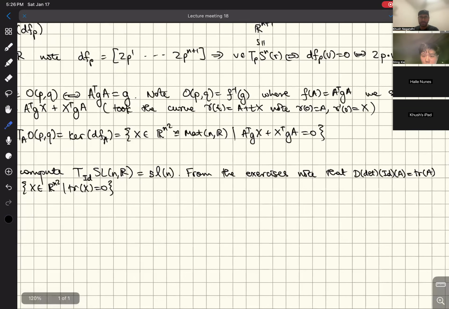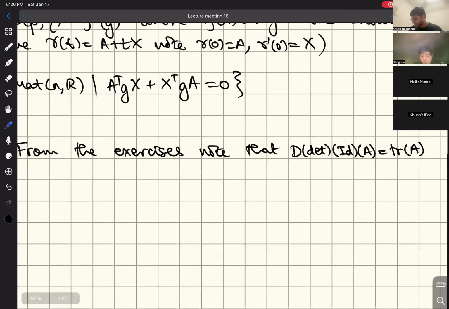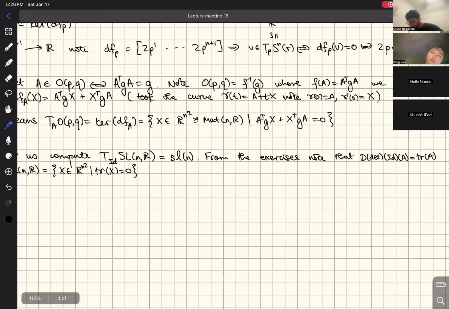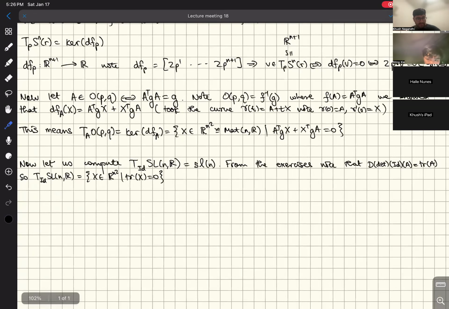Again, I've outlined how to take the derivative of the determinant at other points as well. But we will not use that. I want to introduce something more powerful.